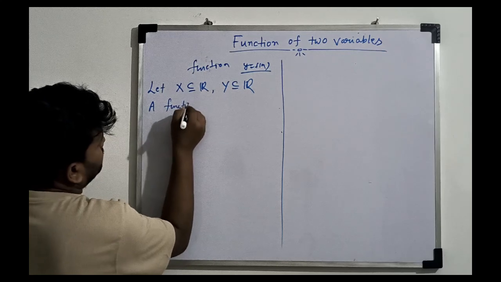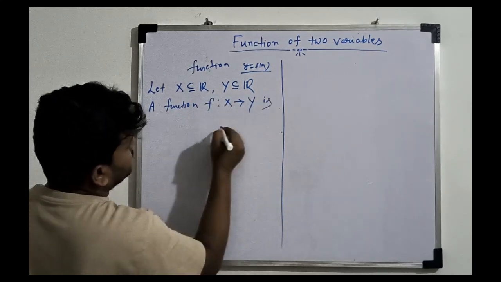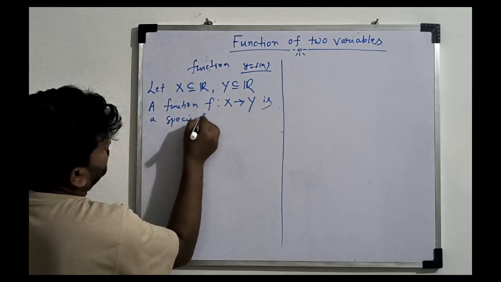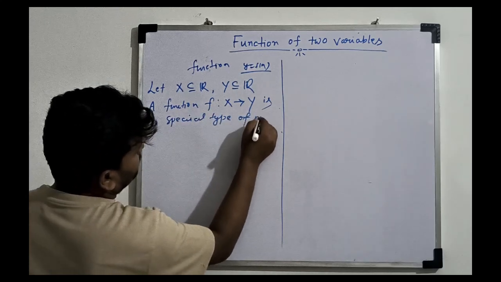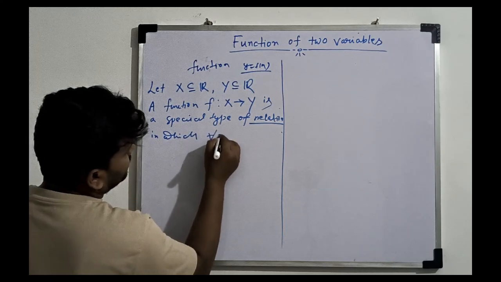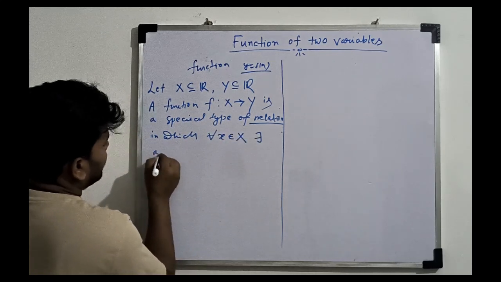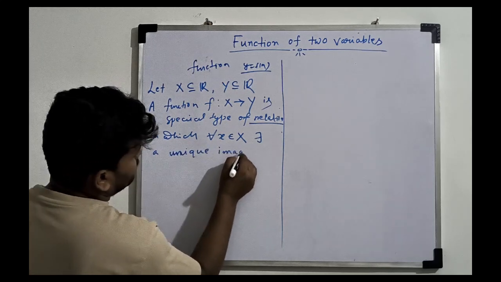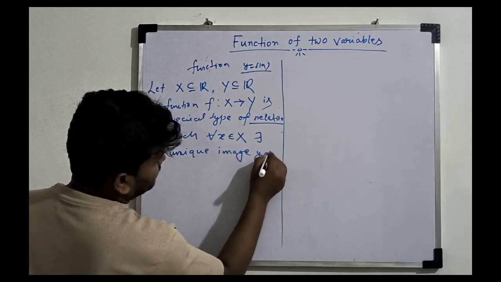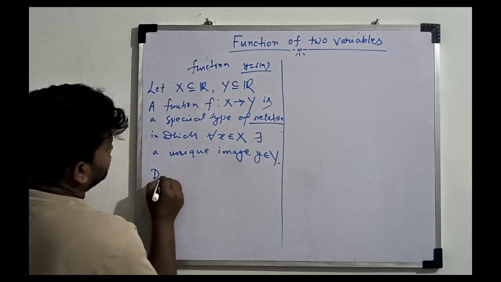A function f from X to Y is a special type of relation in which for every x belonging to capital X there exists a unique image y in capital Y, and it is defined by this.